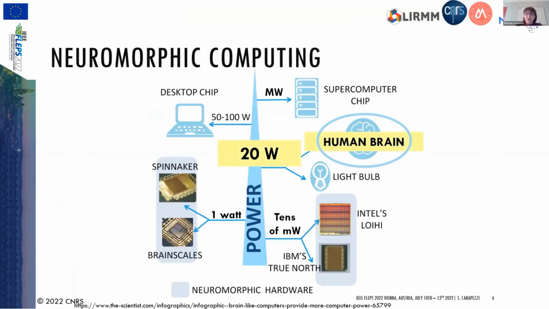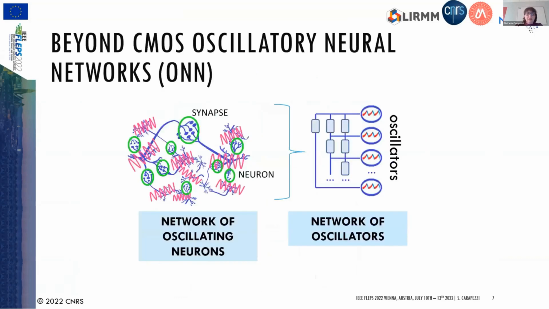Why? Because the human brain has shown that it is possible to perform very sophisticated tasks with very low power consumption. And a very simplified description of the human brain is an ensemble system of neurons, which are connected together through synapses.